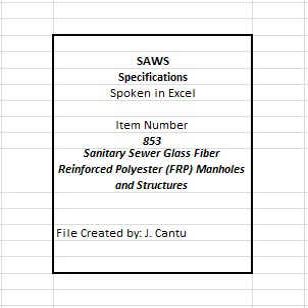N. ASTM D4161 Standard Specification for Fiberglass, Glass Fiber Reinforced Thermosetting Resin, Pipe Joints Using Flexible Elastomeric Seals. O. ASTM A307 Standard Specification for Carbon Steel Bolts and Studs, 60,000 PSI Tensile Strength.